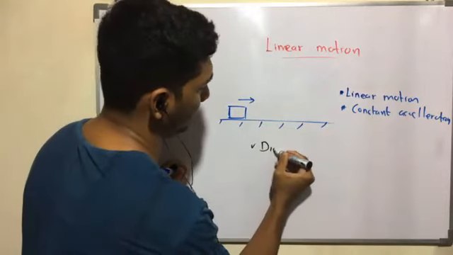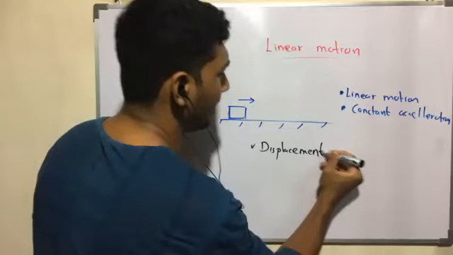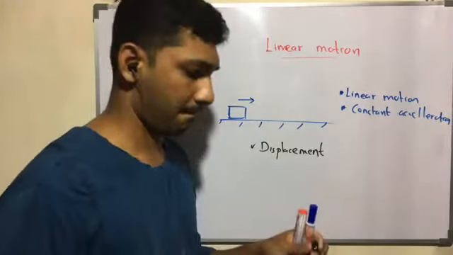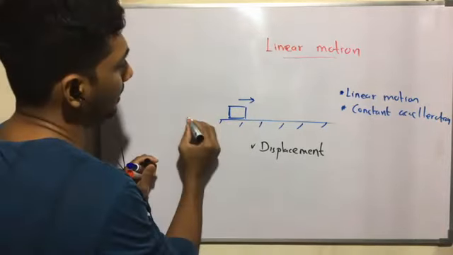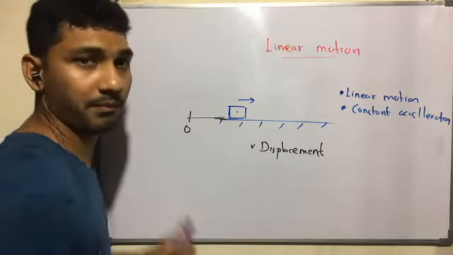So first, displacement. Can someone define what is displacement? Let's say there is a point O here, and this object is here.